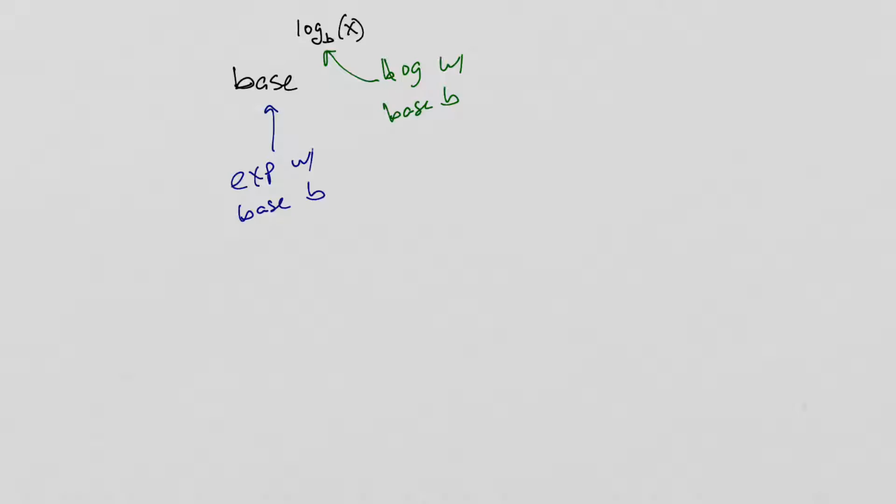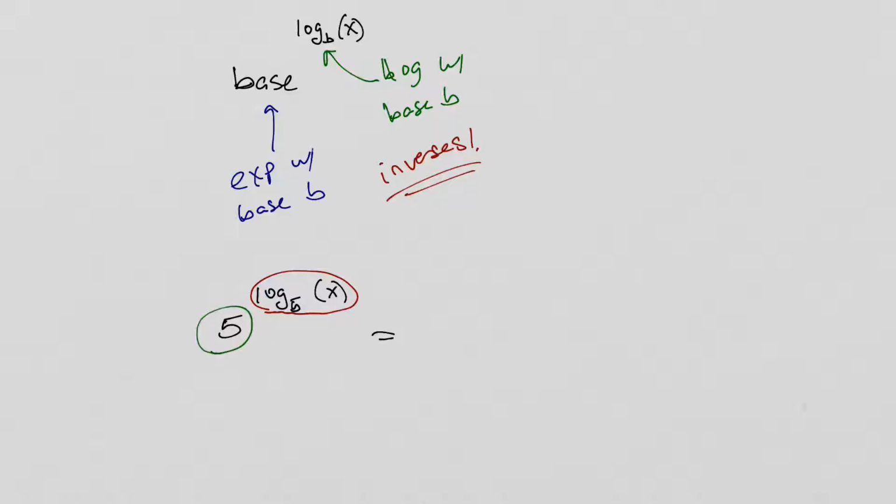Then again, these things are inverses of each other. Right? So if I had, how about 5 raised to the log base 5 of x? We stick x into this log base 5, and then we raise that to the exponent 5. So again, they're inverses, so they undo each other, and we just have an x.